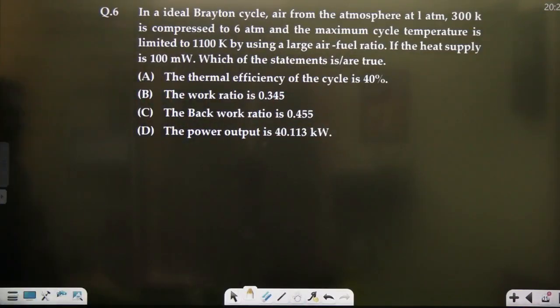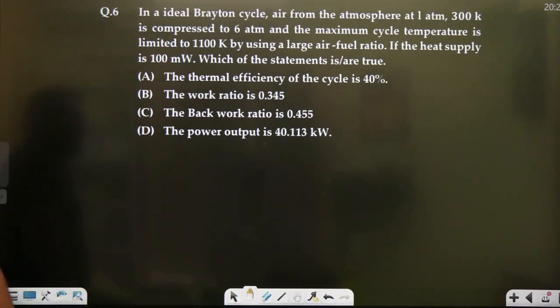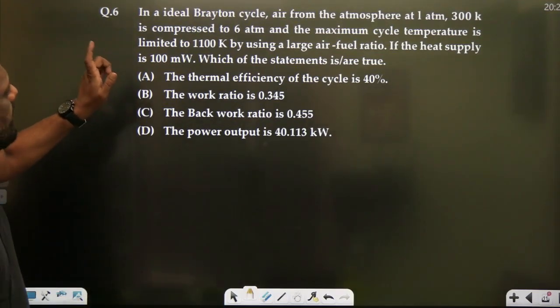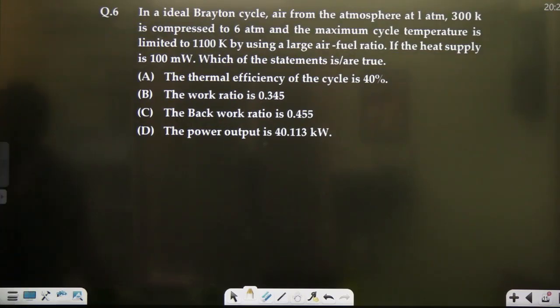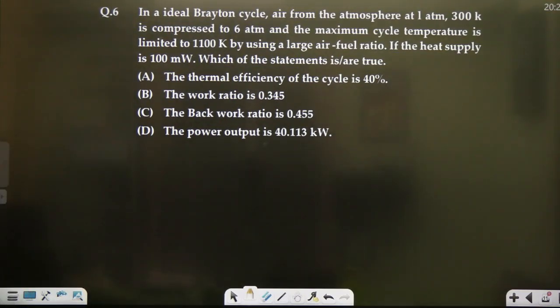Now, let's move to the next question without wasting time. Take this question. In an ideal Brayton cycle, air from atmosphere at 1 atmospheric pressure and 300 Kelvin is compressed to 6 atmospheric pressure. No problem at all.